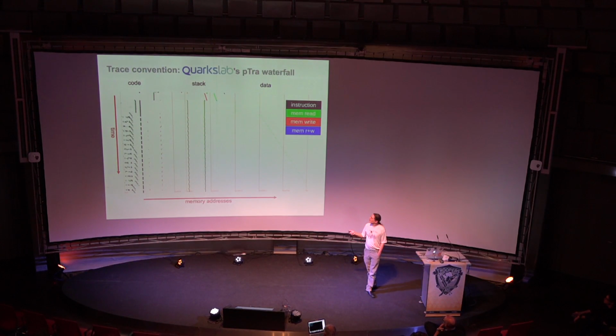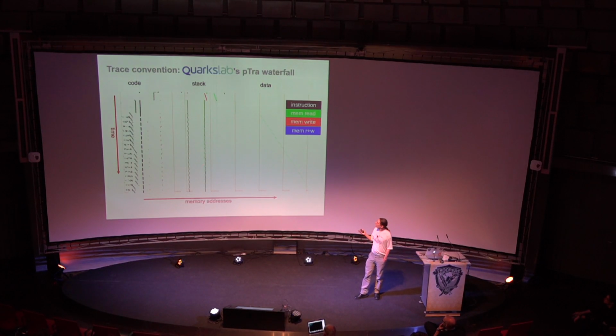So the black is instructions. The green is data which is being read, and the red color is for data being written. And here in this example, we are on an exotic CPU actually, and the stack is somewhere between the code and the data, which is a bit unusual if you look at Intel or ARM, for example.